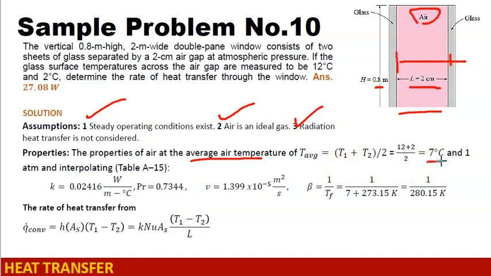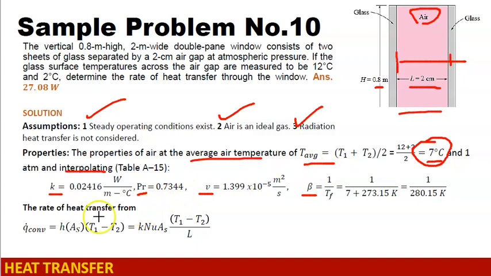Looking at our table and interpolating at 7 degrees Celsius, since we do not have the value for 7 degrees Celsius, we obtain the thermal conductivity, Prandtl number, kinematic viscosity, and coefficient of volumetric expansion at this average temperature.